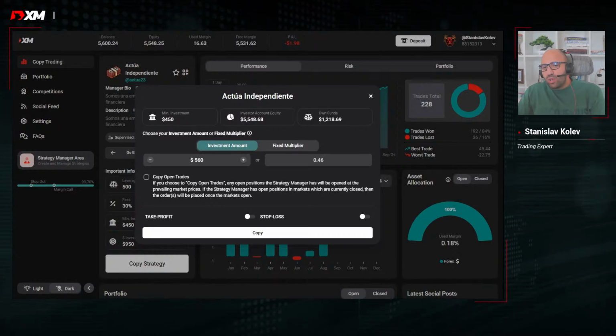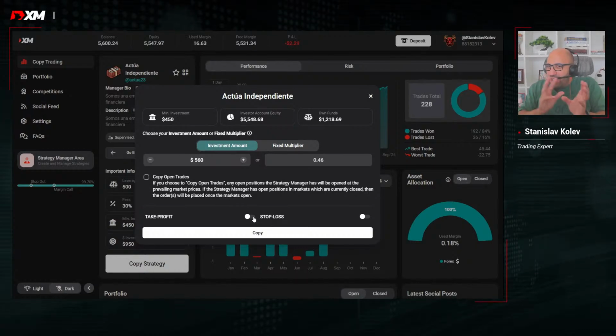And also I do not want to copy the open positions. I only want to add new positions into the current performing ones. So long story short, I'm not clicking this button, I'm not adding any take profit or stop loss. The reason is because it is going to jeopardize the strategy that I want to follow.